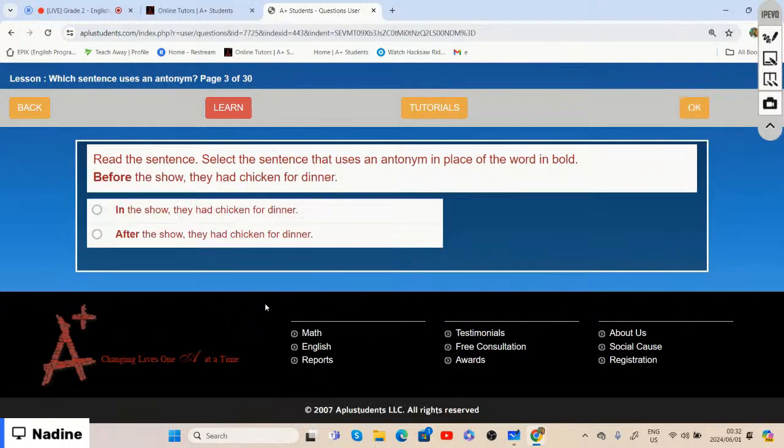All right, one more. It says, before the show, they had chicken for dinner. Now we look at the word in bold. We need to now say if we choose the antonym, doesn't match that word.